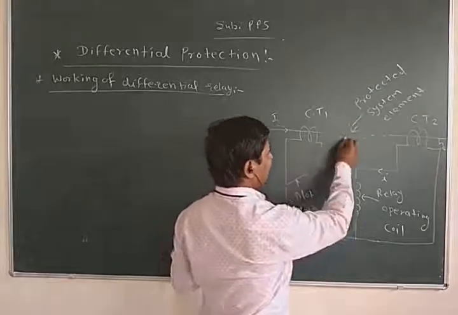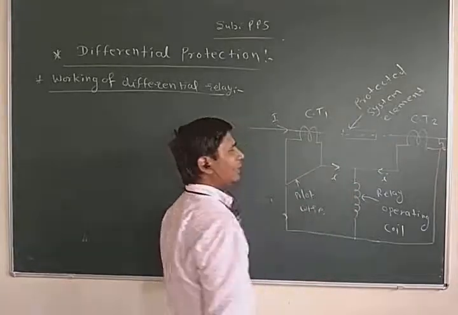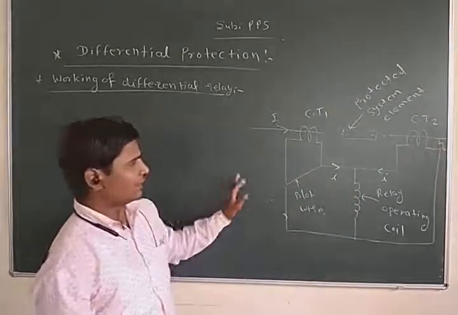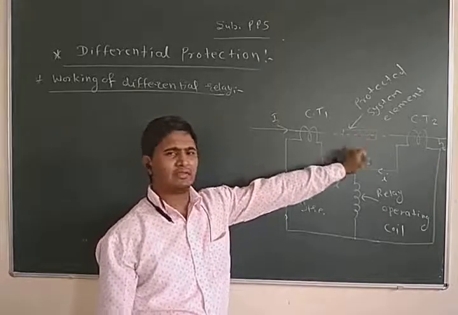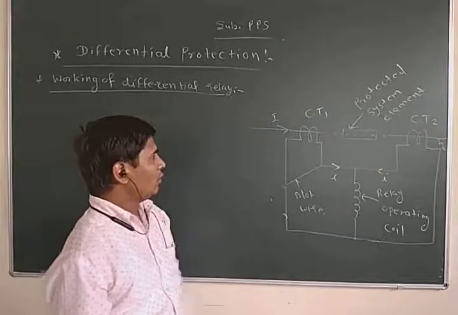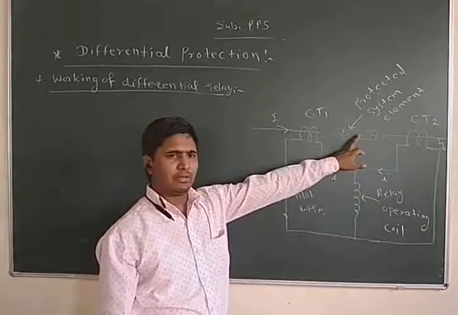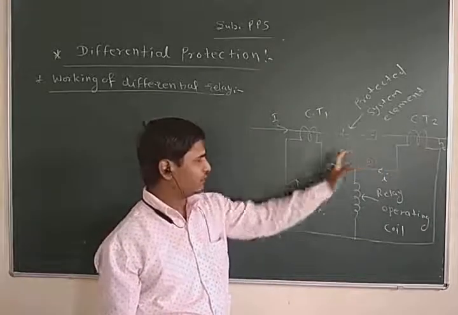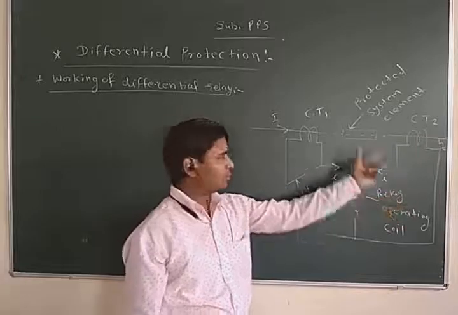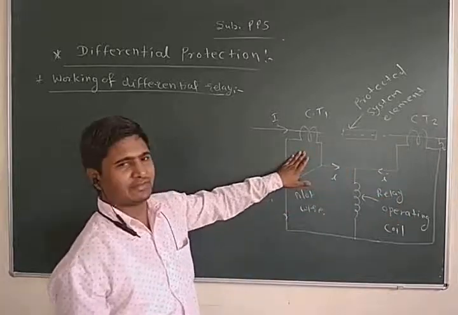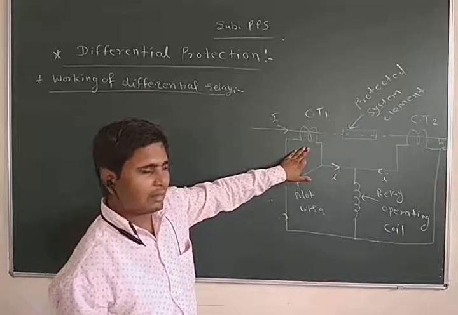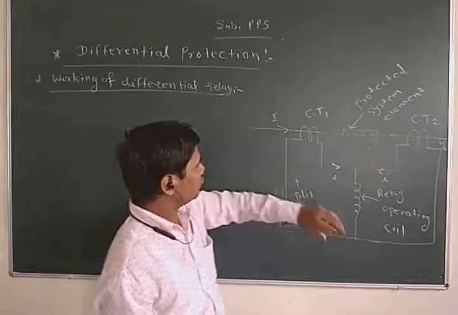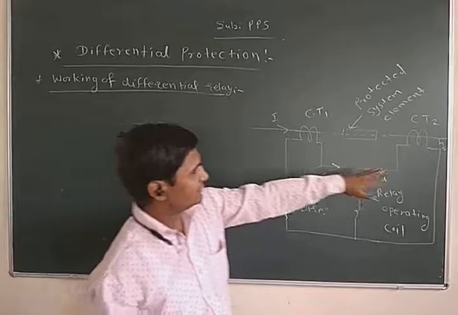This is a power system equipment or element which may be a transformer, a generator or a transmission line. Now the equipment which we have to protect using differential protection, first of all we use two CTs. One CT is connected at each end of the element. So suppose this is CT1 and this is CT2.